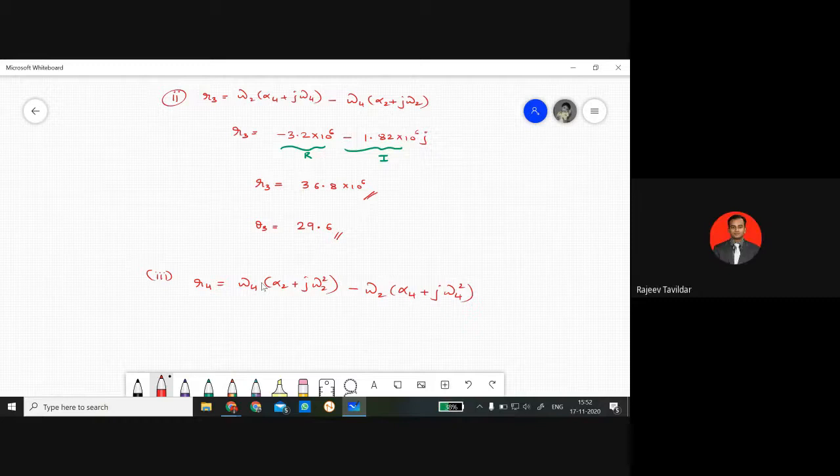Yeah, sorry. I think this should be 3, right? Sir, alpha 3. Yeah. Alpha 3 plus omega 3 square. Yes, just substitute the values and let me know.